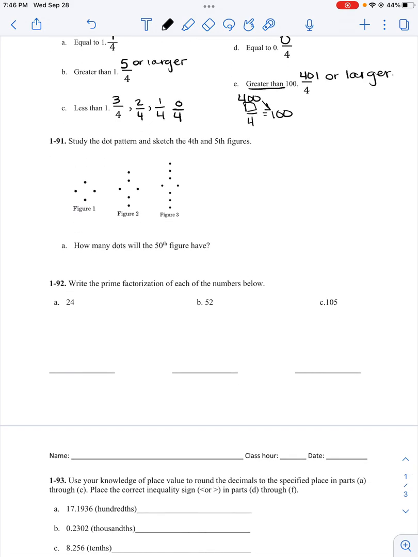Problem number 91, we're looking at a dot pattern and sketching the fourth and fifth figures. Well, each time I have to figure out where it's adding the dots. There's one there and one there, and then one there and one there. It's adding 2 each time. So I'm going to start out with my pattern for figure 3.